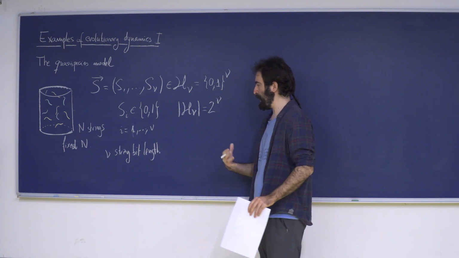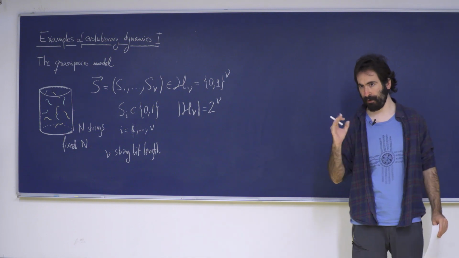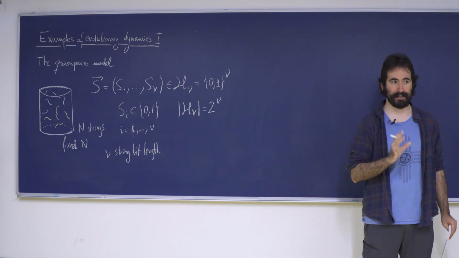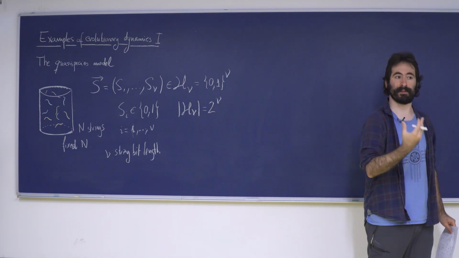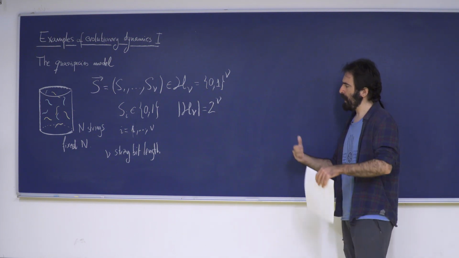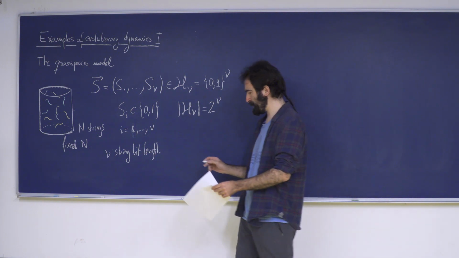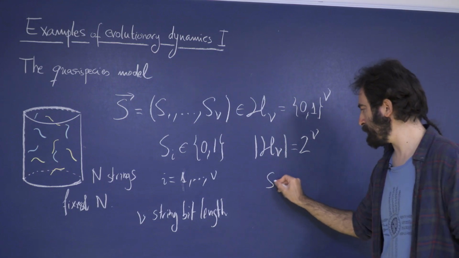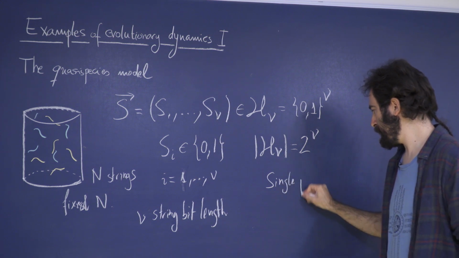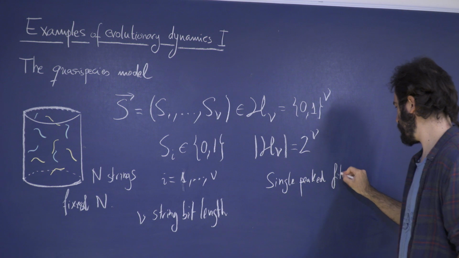And it seems to be a bit untreatable, but now we're going to introduce something that is very fundamental for this problem, which is a single peaked landscape that allows us to make some simplifications and move forward. Okay, so a little bit more definitions before we go on. Now we're going to define something called a single peak fitness landscape.